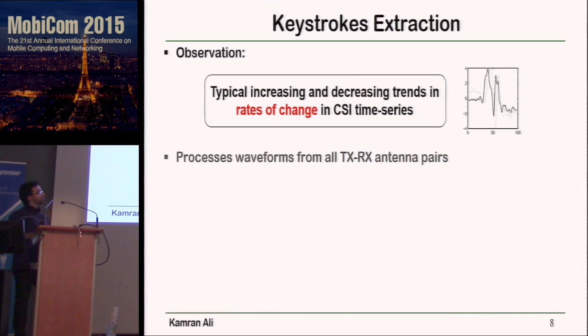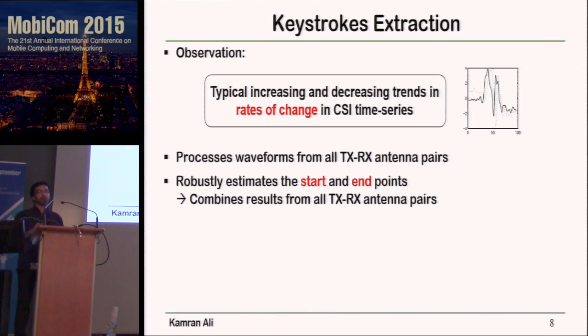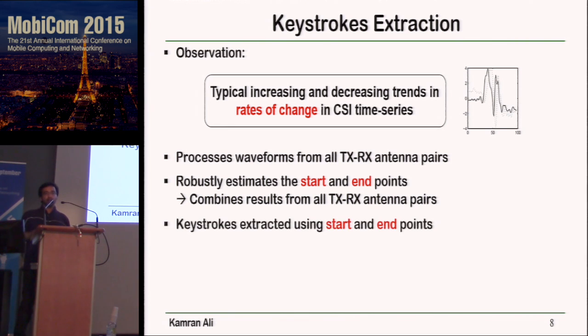So our keystroke extraction algorithm processes all the CSI waveforms from all the antenna streams, and then it robustly estimates the start and end points of the keystroke waveforms by combining the results from all the antenna streams. These start and end points can then be used to extract the keystroke waveforms from the CSI data.